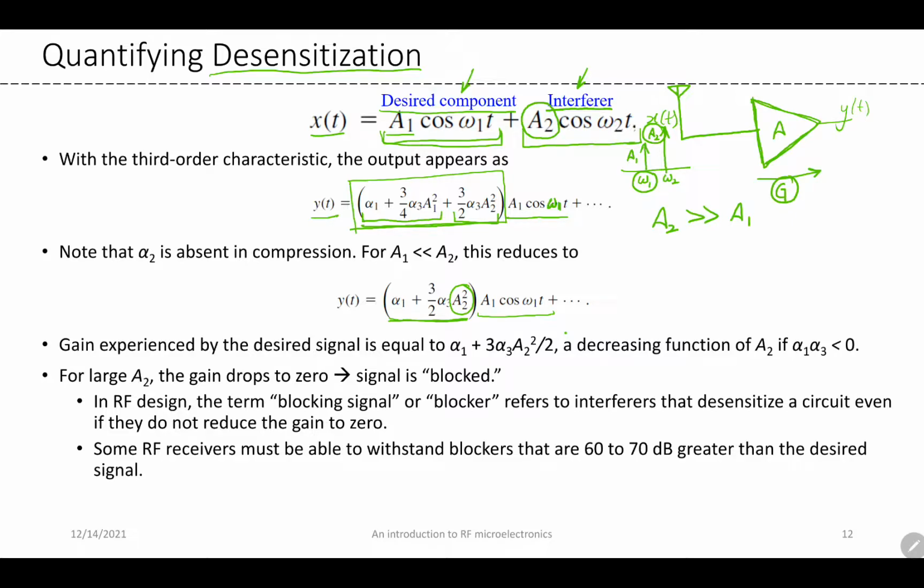If your receiver receives this omega 2, that is, it is within the pass band of the initial filters from the antenna, because usually the first block after the antenna is some sort of a filter, and if that filter allows this omega of the interferer, then your amplifier is definitely going to be desensitized. So whenever we use blockers in some high security places, all that is happening is the same principle of desensitization.